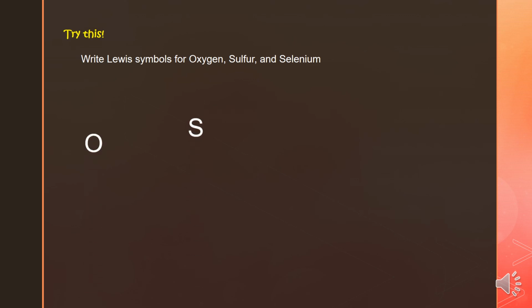So first, let's put the dots at each corner of the chemical symbol. Then since they would have 6 electrons, start pairing. In this case, oxygen would need 2 more electrons to achieve stability. The same is true with sulfur and selenium.